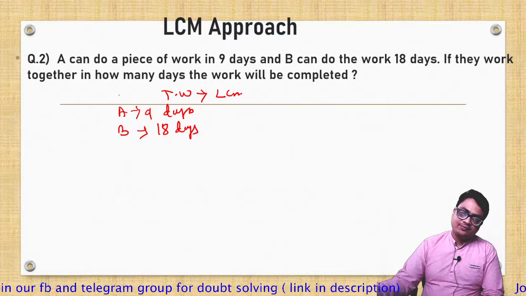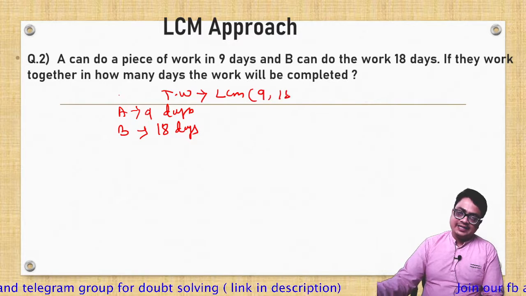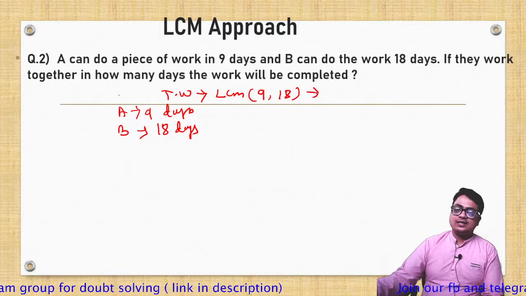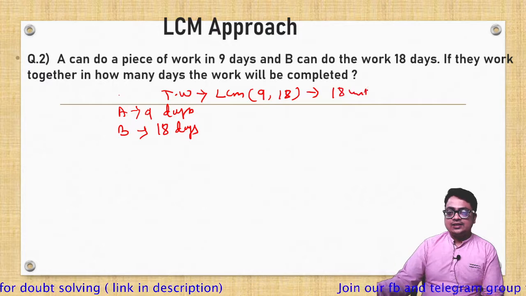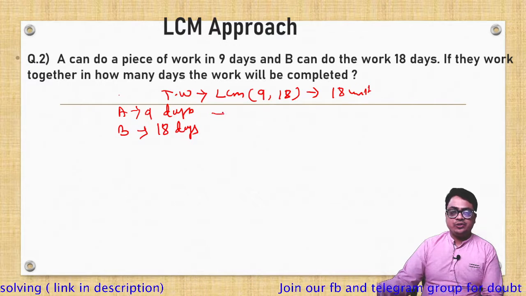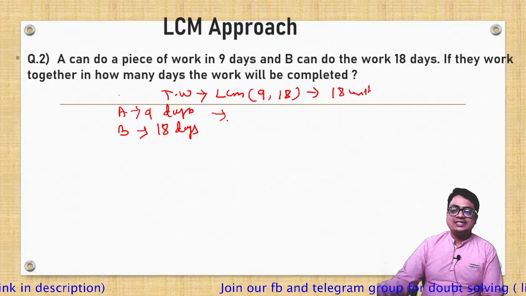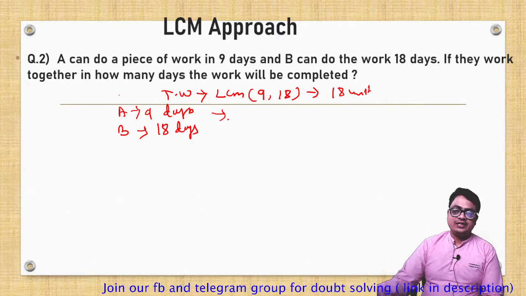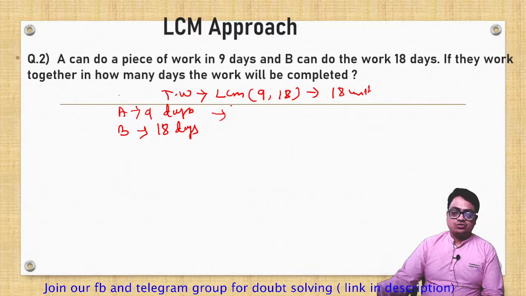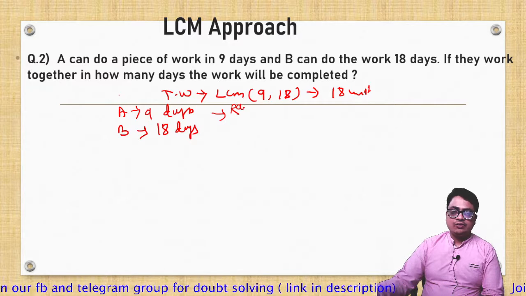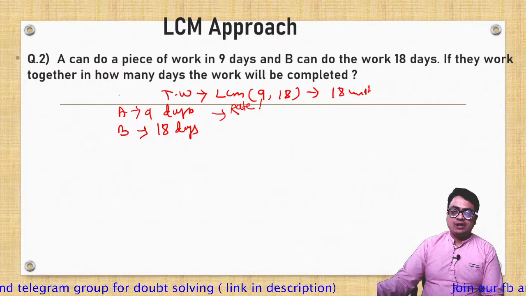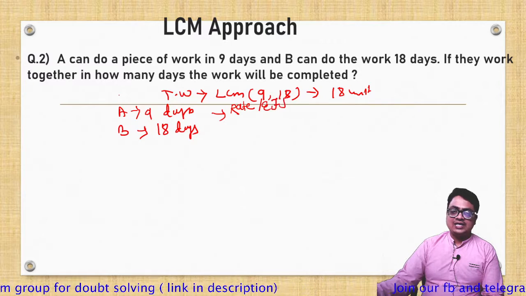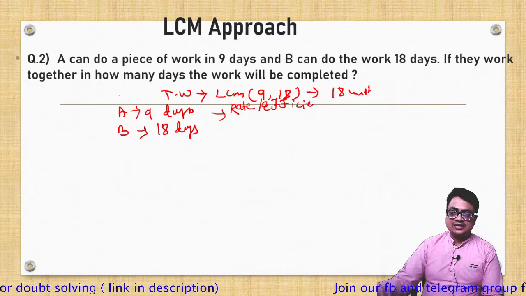The LCM of 9 and 18. This will be nothing but 18 units. So in 9 days, 18 units of work are done by A, because he is completing the work. So what is the work he is doing in 1 day? This is called rate or efficiency.